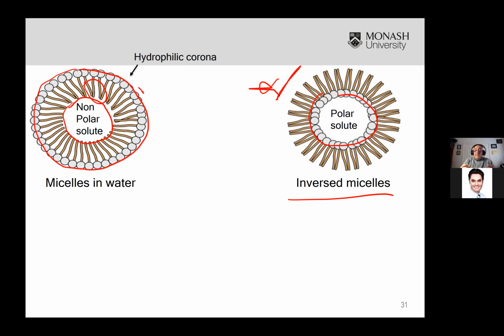So these reverse micelles are able to hold a relatively large amount of water in their interior. In this way, a pocket is formed, which becomes very suitable for the dissolution and transportation of polar solutes through a non-polar solvent.